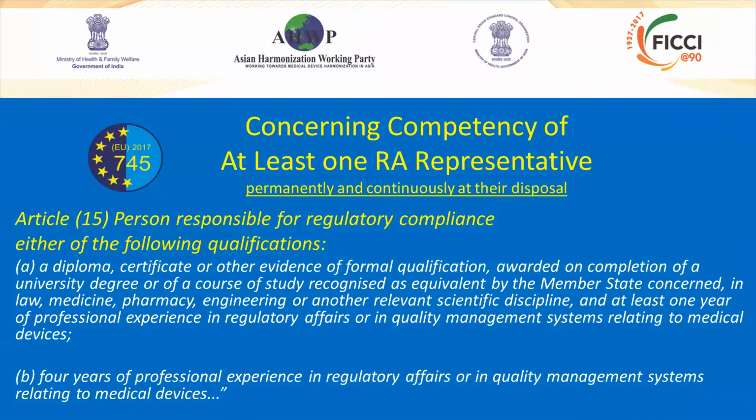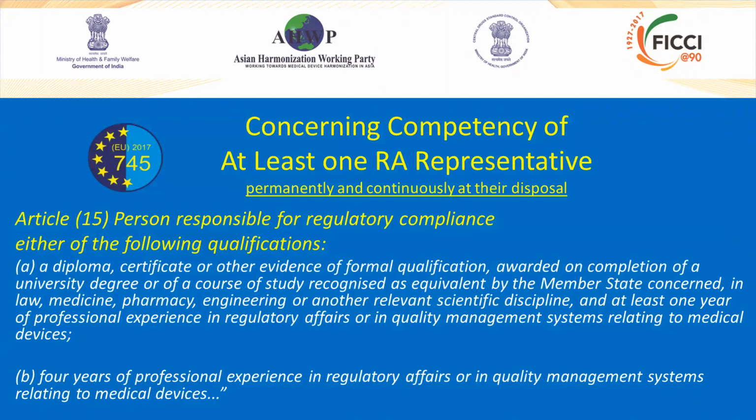This also concerns competencies of the representative for the company on the regulatory affairs. So in this case, you'll see in Article 15, persons responsible for regulatory compliance have to have a diploma or certificate or other evidence of formal qualifications awarded by the completion of a university degree.